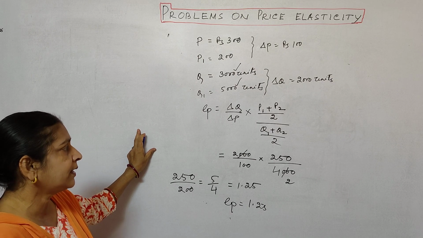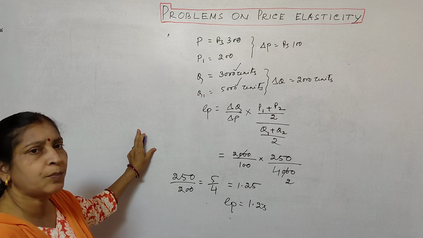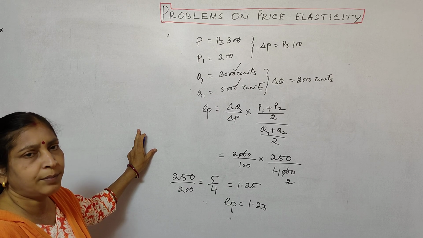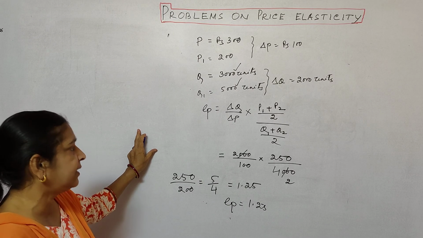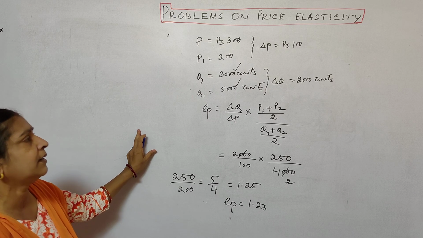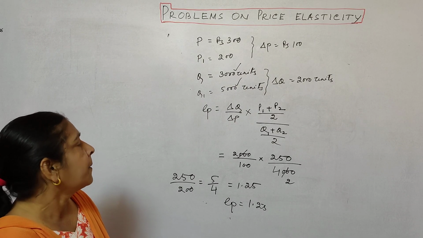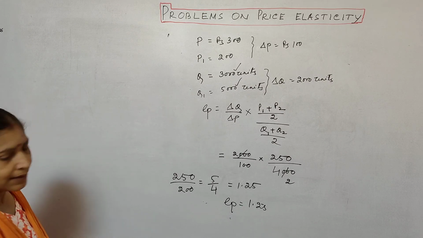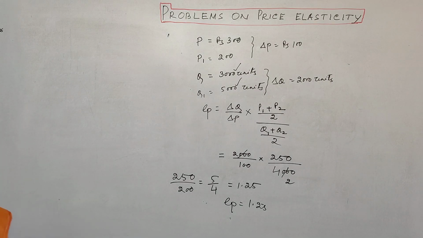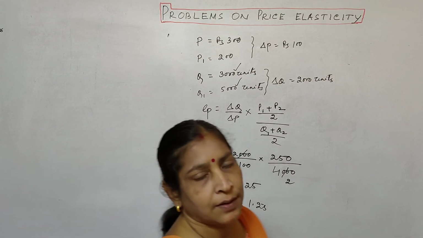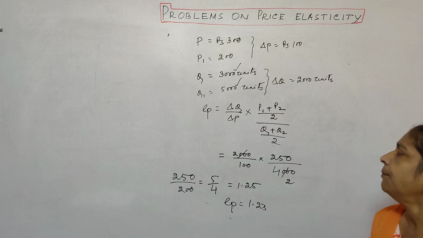If there is a very small change, we have to follow the point method. And if there is a medium change in price and quantity demanded, we should follow the percentage method. So friends, in this class we have solved various problems by using different methods.